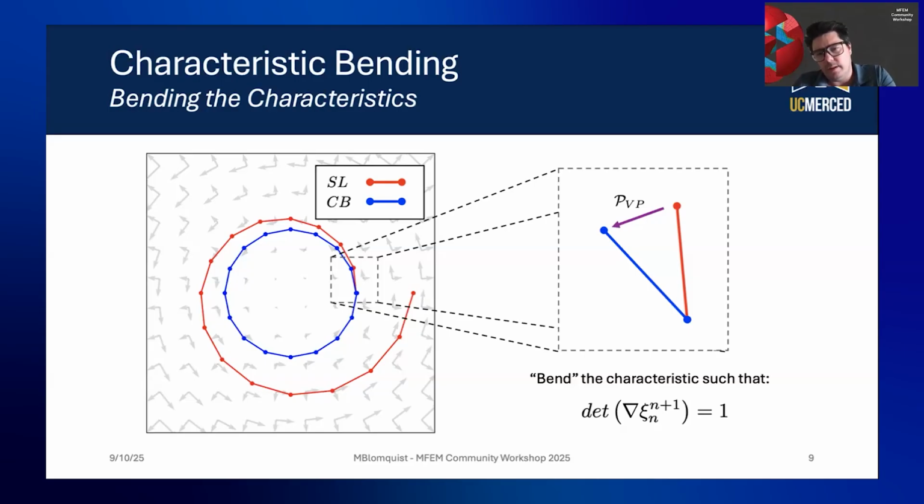Our characteristic bending scheme applies this volume preserving projection to the characteristics. And then what you end up getting is something that looks volume preserving up to whatever order you do the projection for. In our case, we do it to second order.